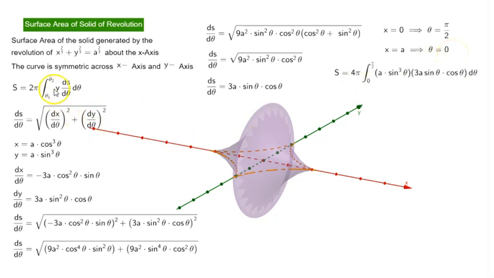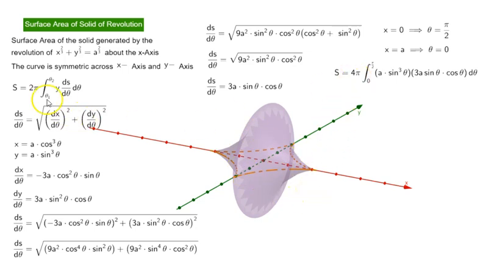So now applying this formula, we get s is equal to 4 pi times. Now from where did this 4 come? Remember, I mentioned that only the first quadrant part of the curve is being rotated. That means it will give half the total surface.